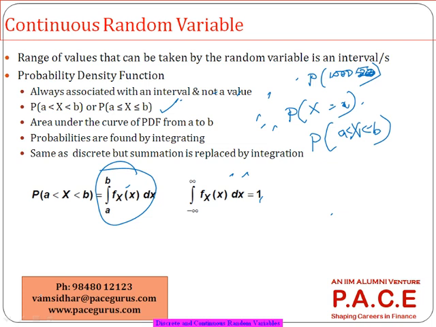So the probability is easy to obtain in case of a discrete, whereas in case of continuous, we are actually doing an integration. So for doing these probability related numericals, especially for a continuous distribution, a good understanding of integration as a concept is very much required.